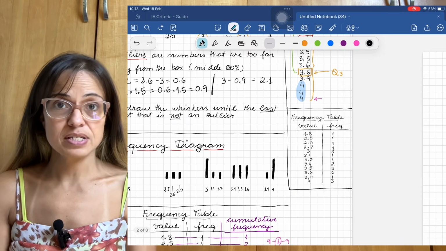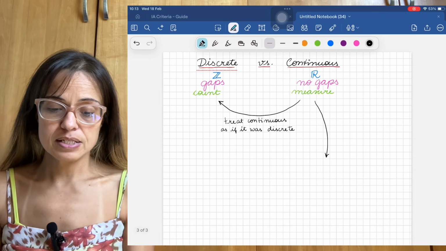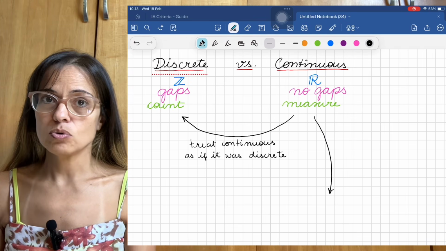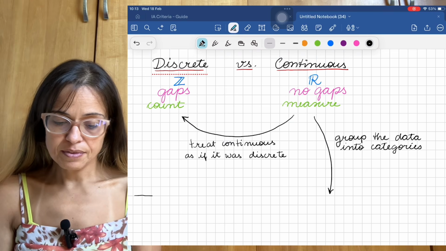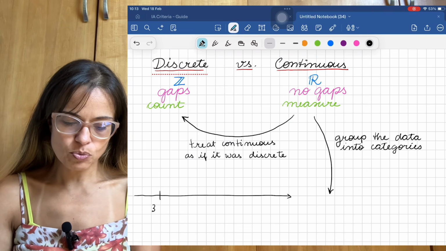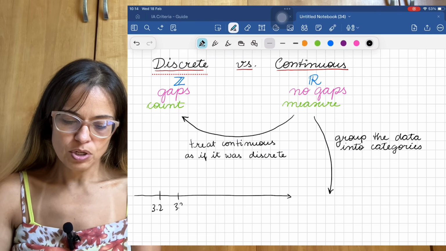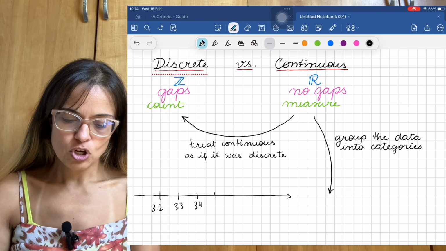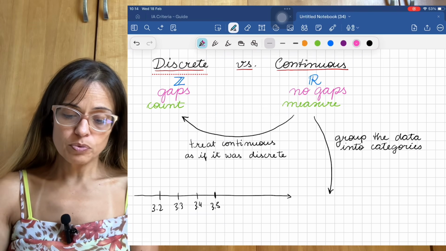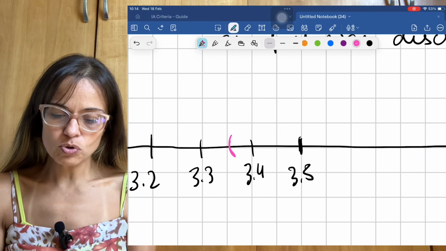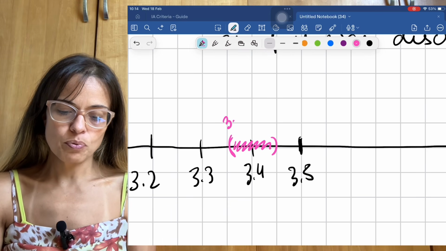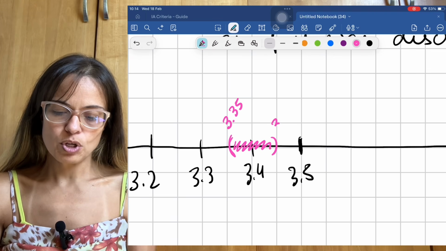But what you want to do instead of a frequency table here is to group the continuous data into categories. In a sense, that was what we were doing, because if we had the 3.2, 3.3, 3.4, 3.5, when we round a number to 3.4, what we were saying is that it had originally been somewhere in this interval from 3.35 to 3.45.